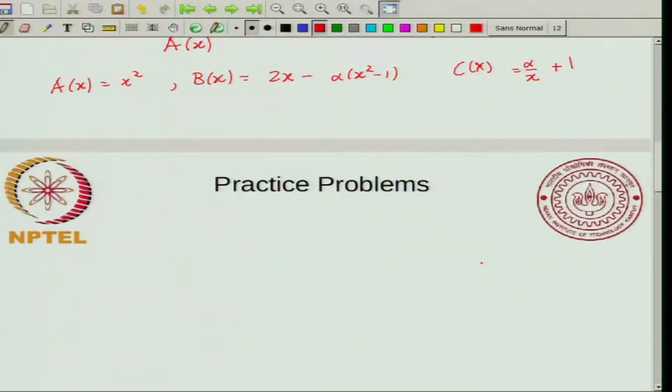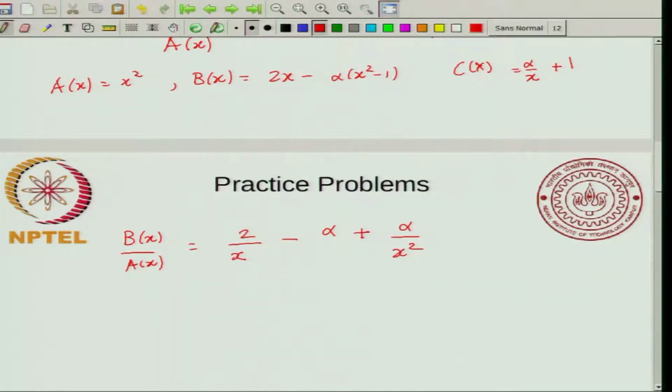So suppose I look at b of x divided by a of x, that is equal to 2 by x minus alpha plus alpha divided by x square. So you have three terms. I just opened the alpha times x square minus 1 and I got these three terms, and I divided by x square.